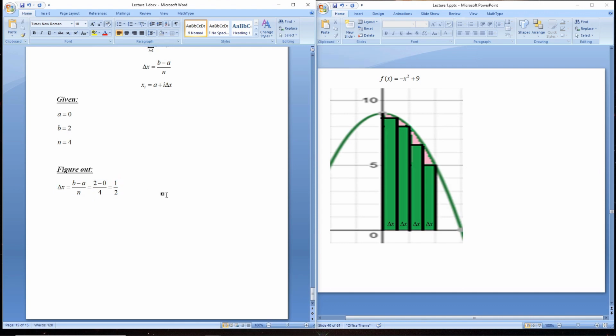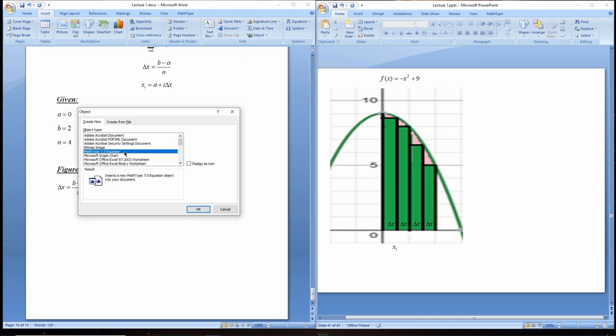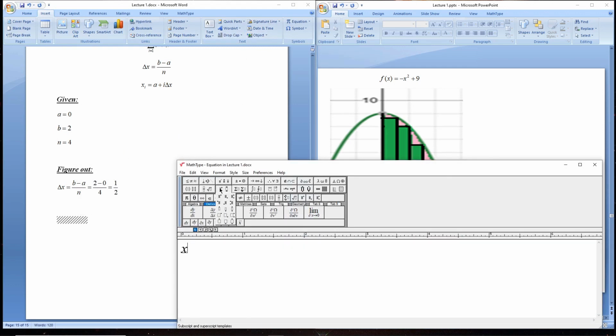Once we have delta x, we can then figure out where the positions are of these rectangles. So recall, x sub 1 always starts for left rectangles at a plus delta x.